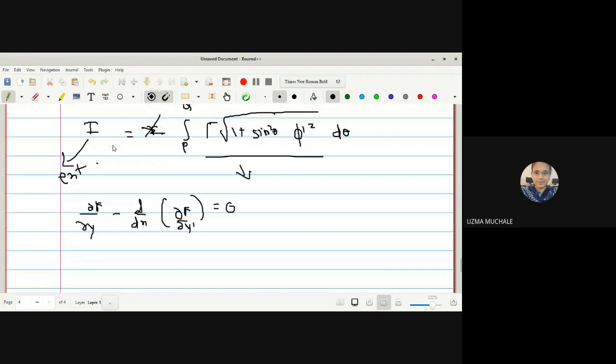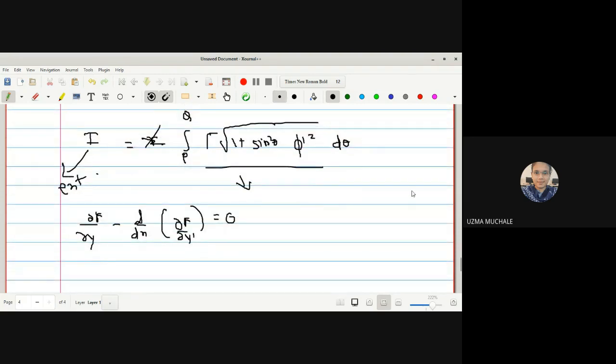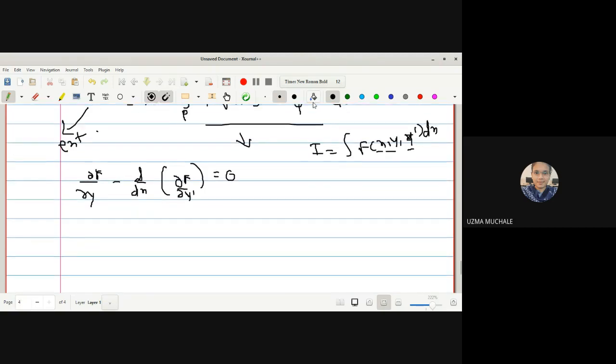But here, यहाँ पे आपका integration का value क्या है? F of x y y dash. These are the terms, right? x y and y dash था. यहाँ पे क्या है? It is in terms of r theta phi. बरोबर? तो क्या करेंगे हम लोग? आपका जो function है वो x y y dash में नहीं है.